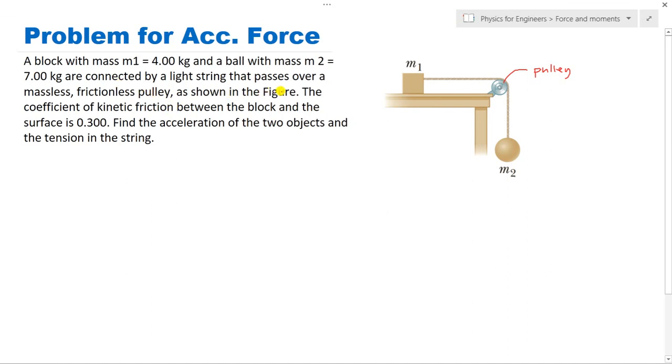Here it states that the coefficient of kinetic friction between the block and the surface is 0.3. Therefore, class, mass 1 already encounters a frictional force.